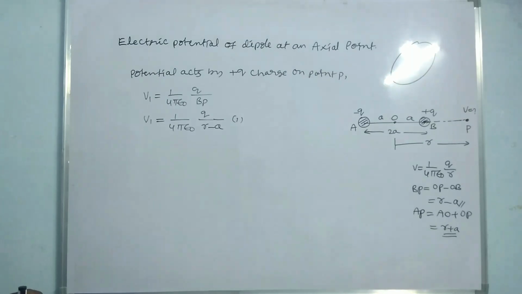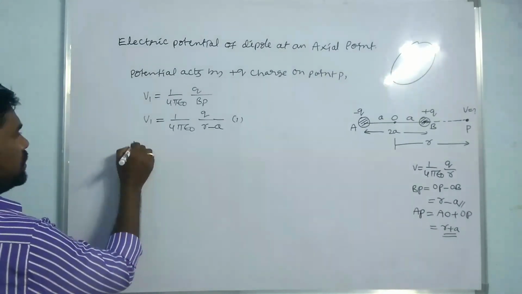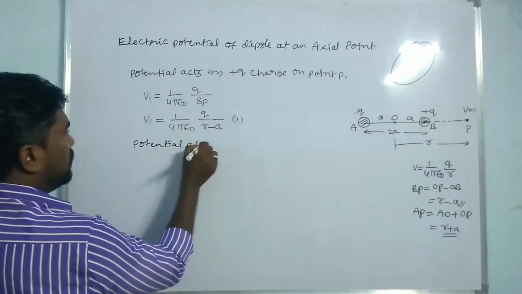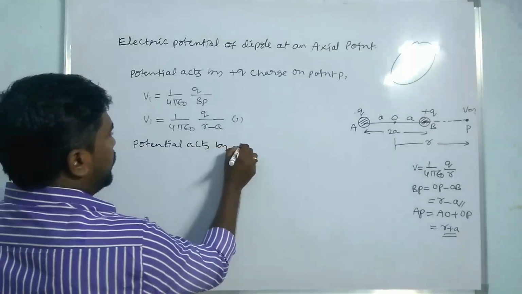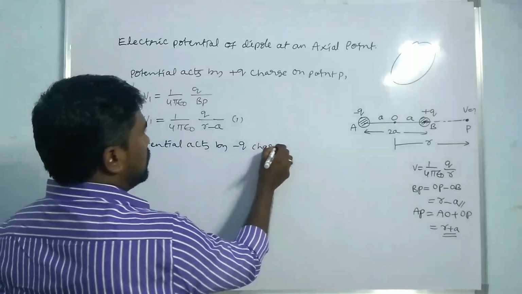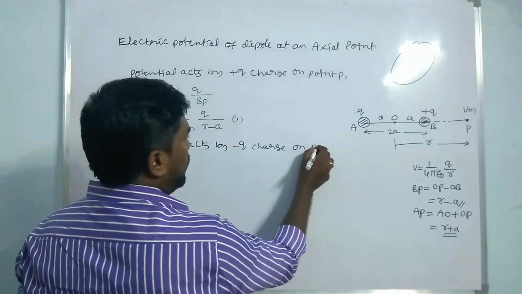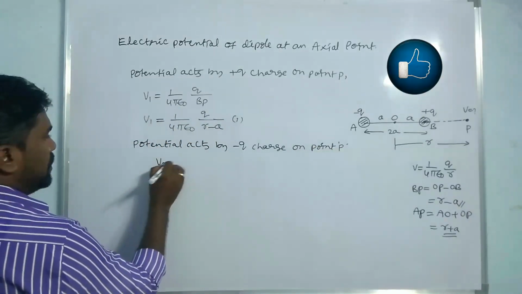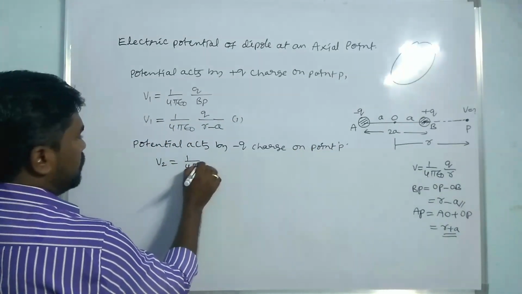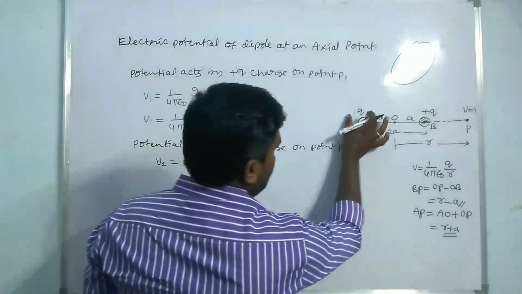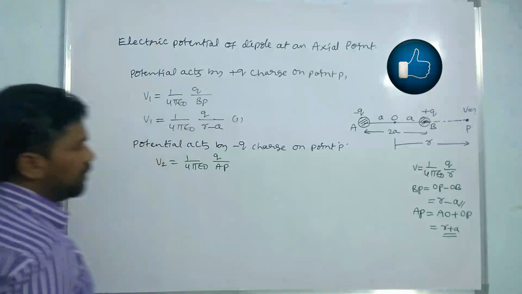Okay. And similarly, potential acts by negative charge on point P, V2 is equal to 1 by 4 pi epsilon naught Q by AP, because the distance between minus Q and P is equal to AP.